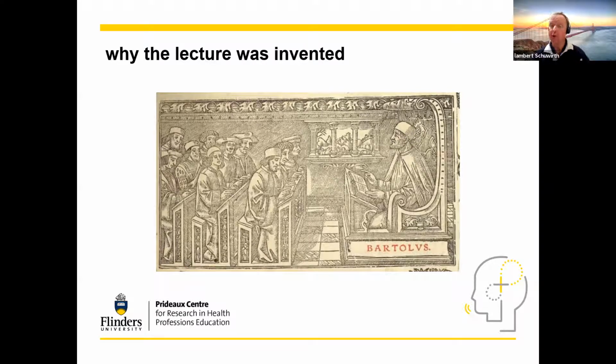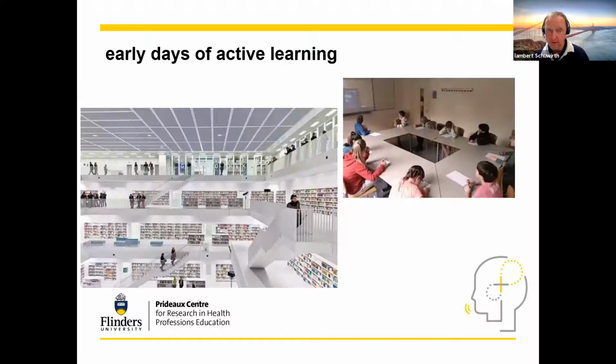So the mode of learning and the mode of teaching was basically that the reader, the lecturer, read to the students, and that's how the students learned. So the lecturer had the affordance of the books and the students did not.